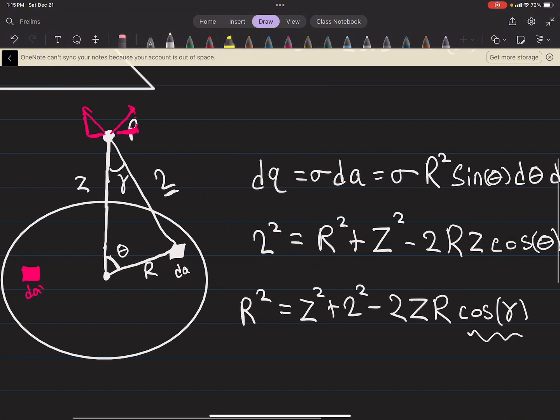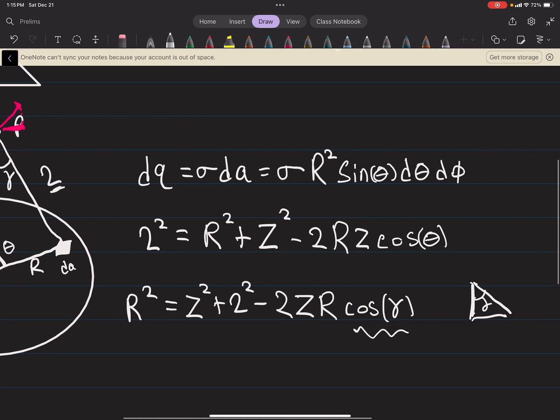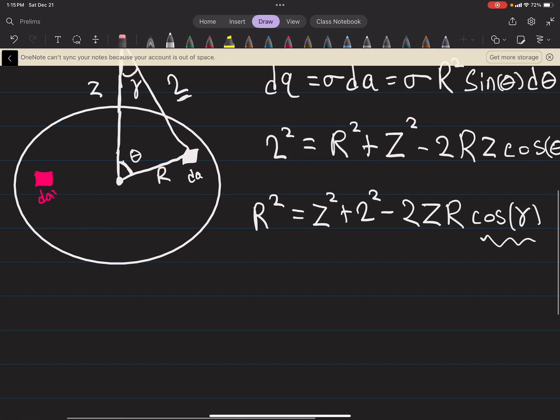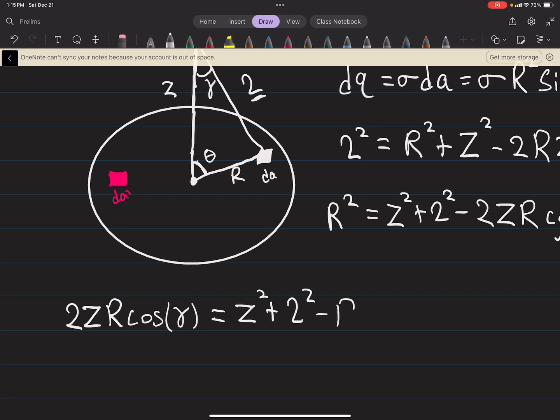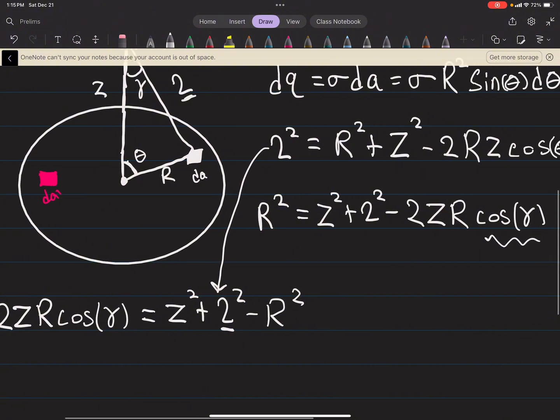Okay. So we can do that: 2z script r cosine gamma. So I move that over to the left, and I'm going to move the r squared over to the right. But this script r squared, we can substitute that in.